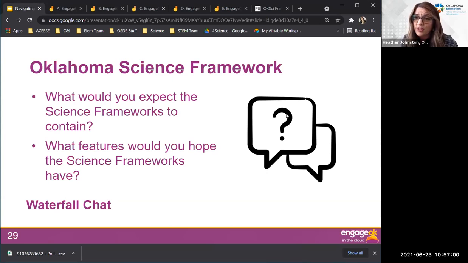The framework revision project is a 3-phase project. So as we go through today, some of the things that you hoped were there might be coming later, and we'll talk a little bit about that as well.